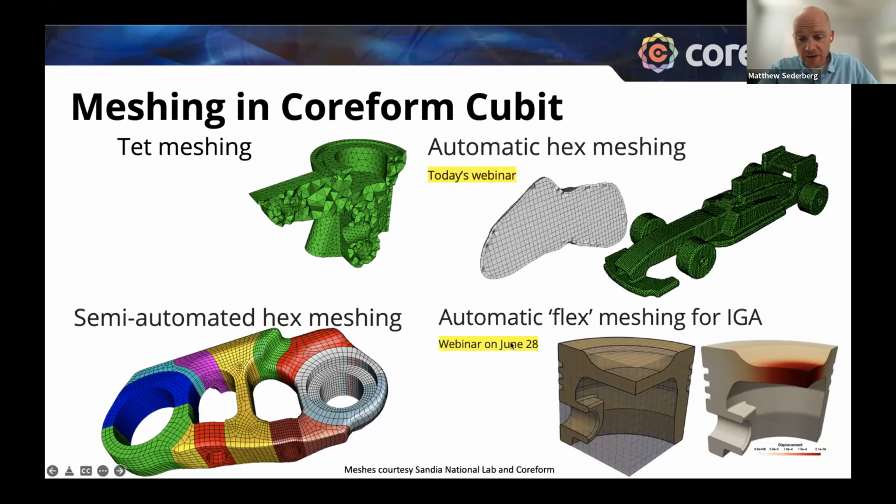And so if this is something that you are interested in, we'll have another webinar on this in a month. But today we'll be focused on the Sculpt automatic hex meshing functionality. And so with that, I'll turn the time over to Greg.